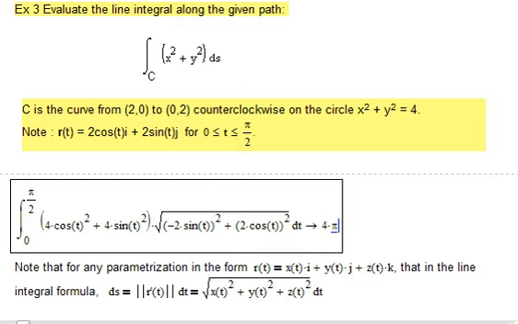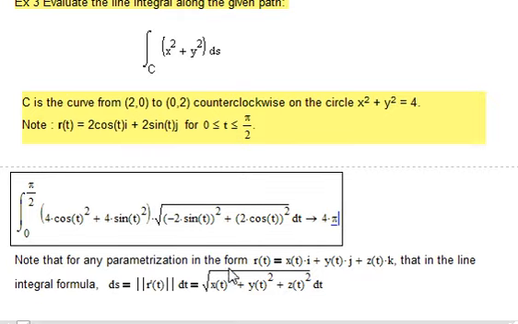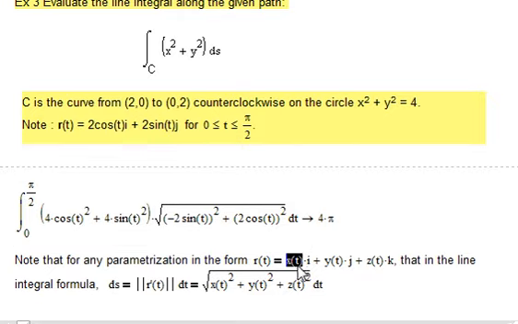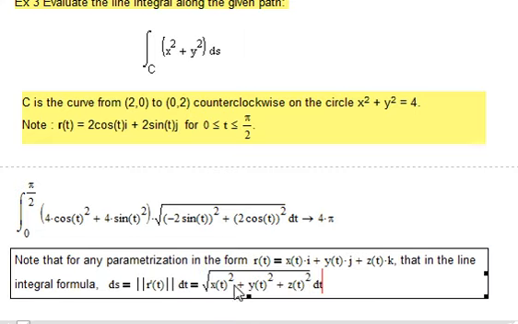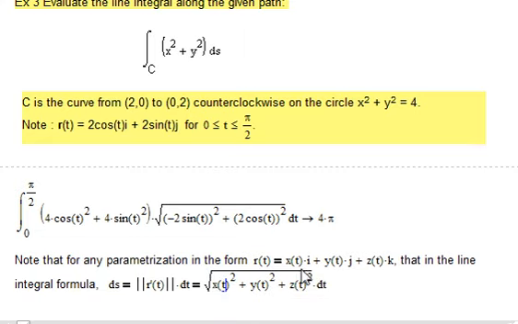By the way, for any parametrization of the form x of t i, y of t j, z of t k, in the line integral formula, our ds is the length of r prime of t, so the square root of, oh, that should be x prime of t squared. Sorry, I have a typo. I'll try to fix that here.